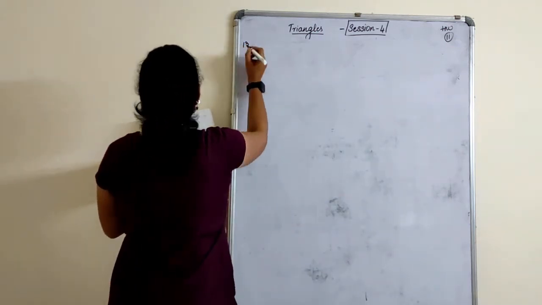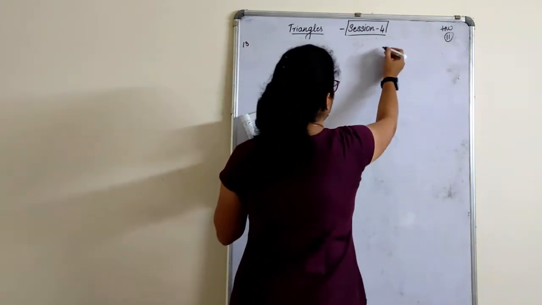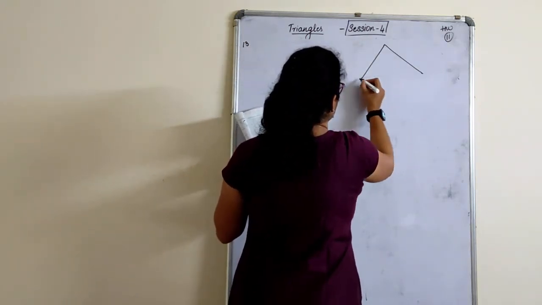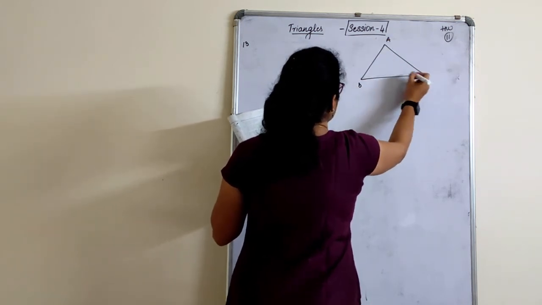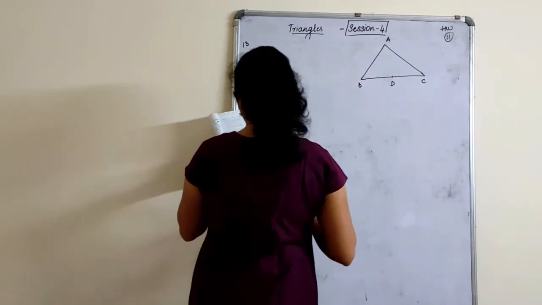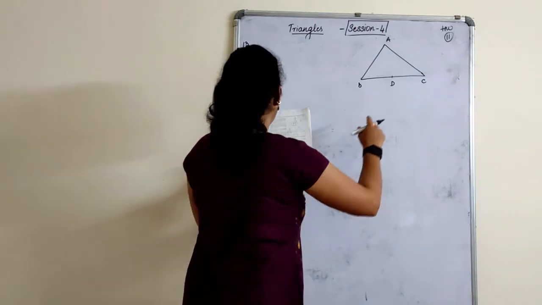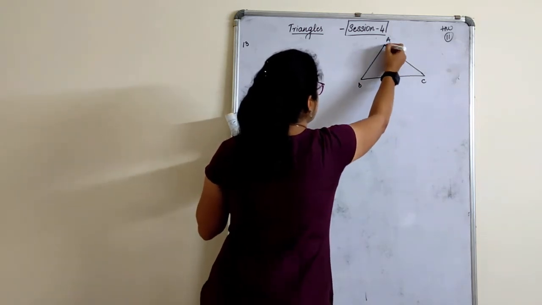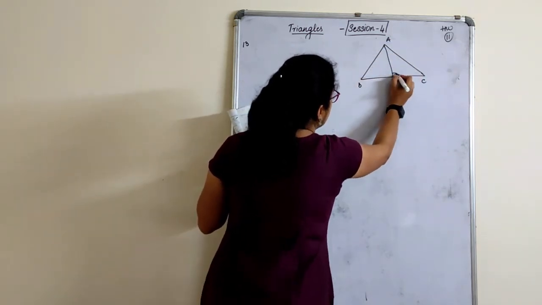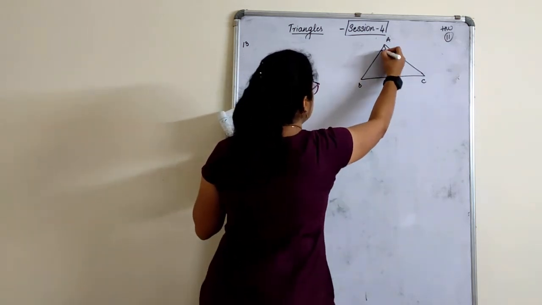13th one, D is a point on the side BC of a triangle. So let us assume the triangle to be ABC. So D is a point. It's only a point, not a midpoint. So D is a point on the side BC such that angle ADC, that means I have to join this, angle ADC is equal to angle BAC.